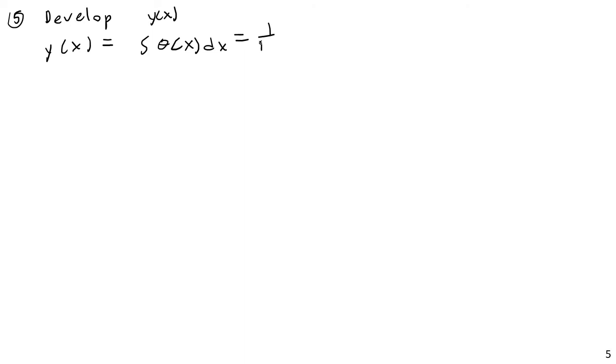And next, I want to develop the final equation, which will be the deflection equation. So 5, develop y as a function of x. And we know that y as a function of x is equal to the integral of theta as a function of x dx. And this is going to be equal to 1 over EI times negative 25x squared plus 500x dx.